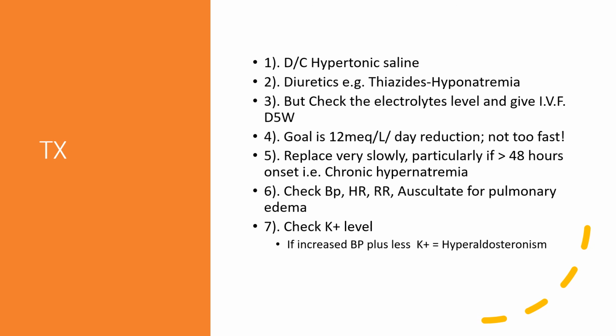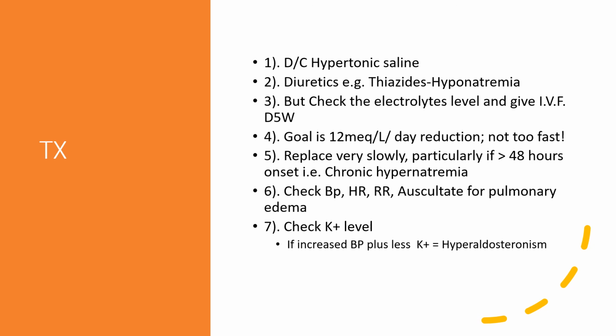But if the volume of fluid is excessively down, we can give IV fluid D5 water. The goal here is 12 milliequivalent per liter per day reduction, not too fast pace. Replace very slowly, particularly if the onset of hypernatremia is greater than 48 hours, meaning we have been treated to chronic hypernatremia already.